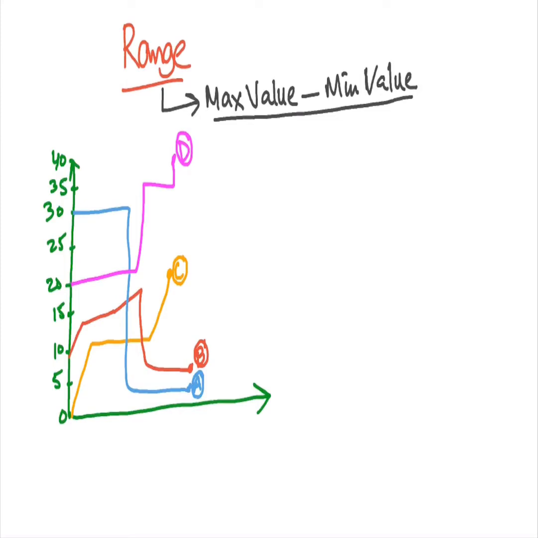And we try to calculate the range. In this question, the examiner asks you to find the least range and the maximum range. But we have to calculate all the ranges, so we can see which has the maximum range and which has the minimum range in this graph.